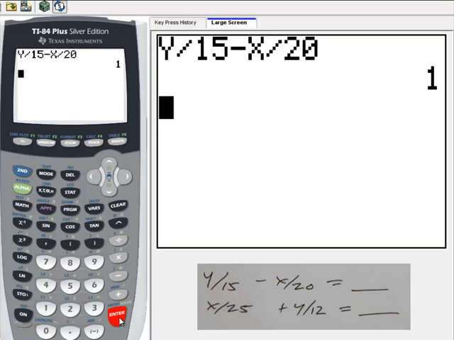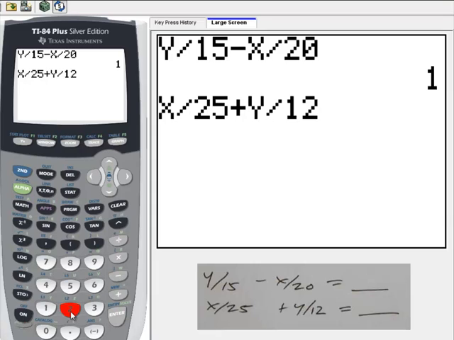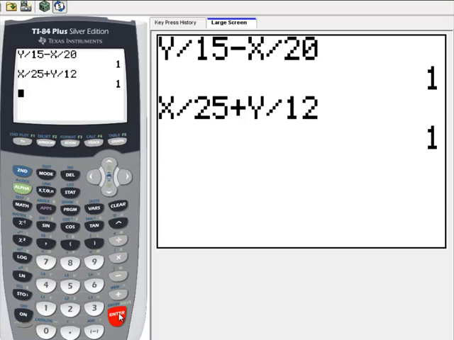As in the original equation. That looks good. Okay, the second equation's left-hand side is x divided by 25 plus alpha y divided by 12. And enter. 1 as in the original equation.